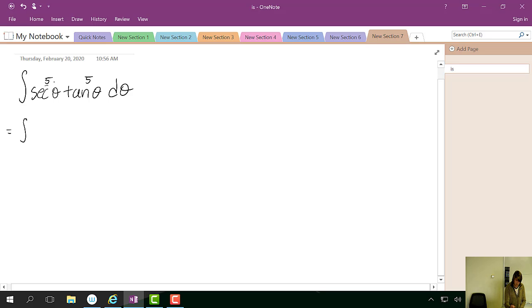So in this case, I just need to factor out 1 secant from here to leave us with what? Secant to the 4th of theta, right? And if we factor out 1 tangent from here, I have tangent theta. So this is tangent to the 4th of theta, d theta.